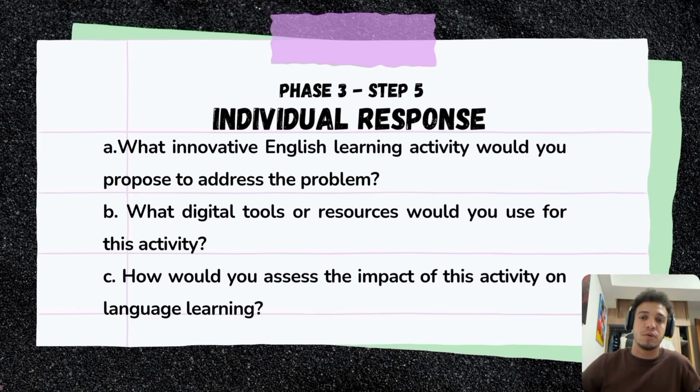What digital tools or resources would you use for this activity? I would use digital tools such as Genially, Canva, or EducaPlay as the ideal platforms for this type of activity. How would you assess the impact of this activity on language learning? I would assess it with an oral exam to verify whether there was actually an improvement in skills such as listening, speaking, fluency, and vocabulary.